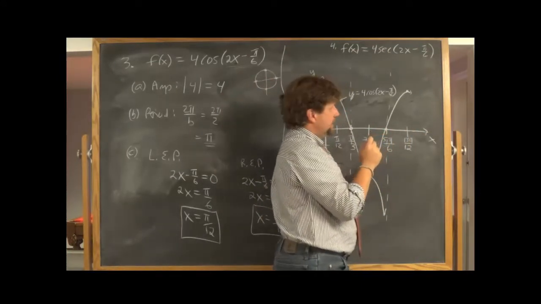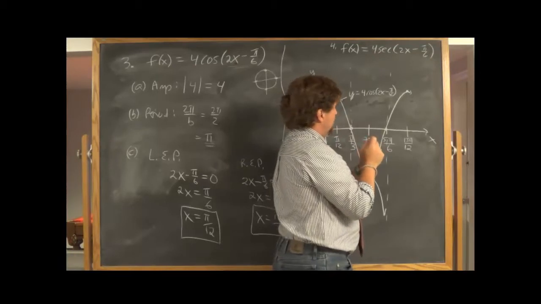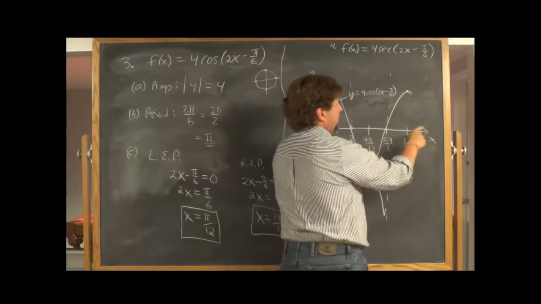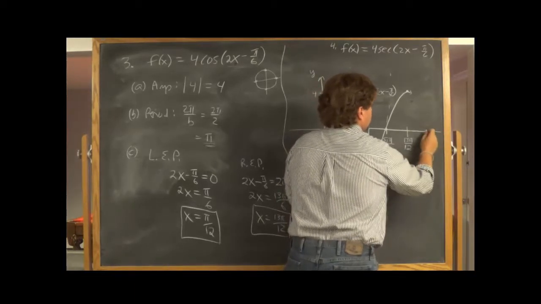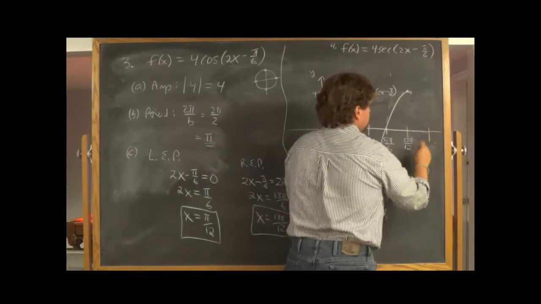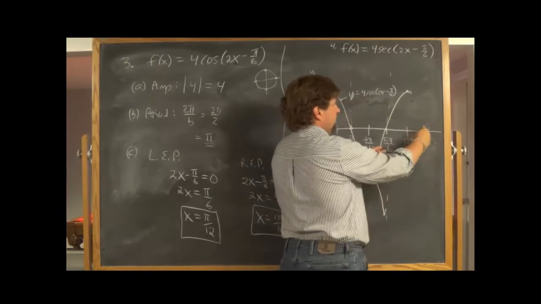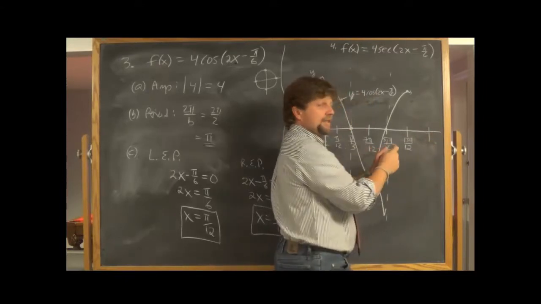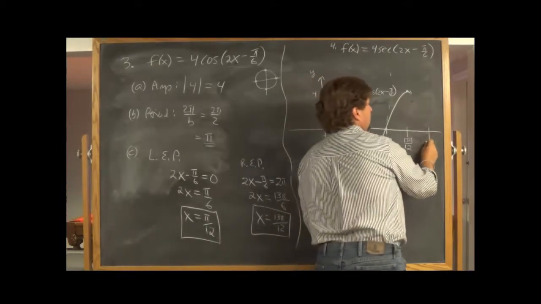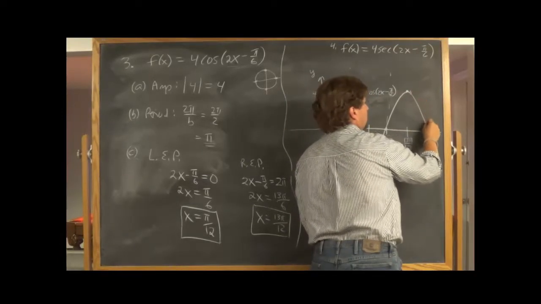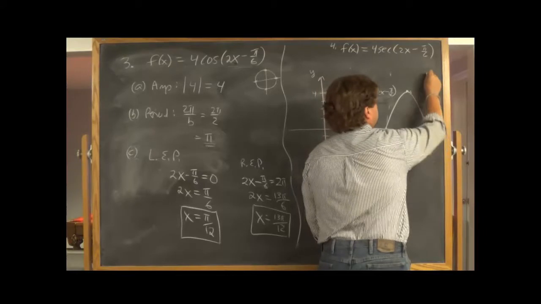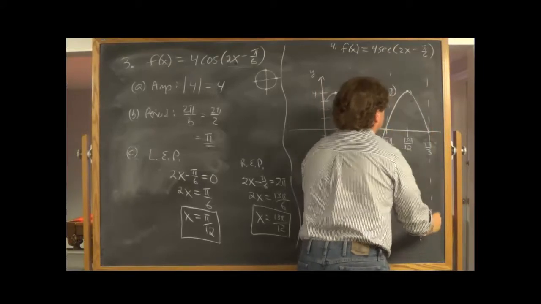And yeah, you know what? I'm going to go this way, just for fun. If I come 3 pi over 6 units this way, 5 pi over 6 plus 3 pi over 6 is 8 pi over 6. That's 4 pi over 3. That gives me another vertical asymptote.